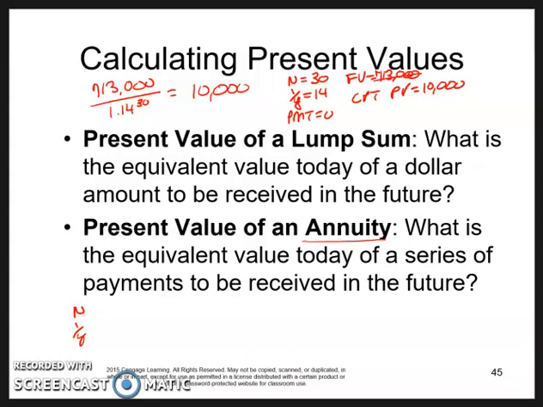So in this case, we enter in IY, and the payment is going to be the amount. In this case, it was $2,000. If we did that for 30 years, what's that amount of money worth today?